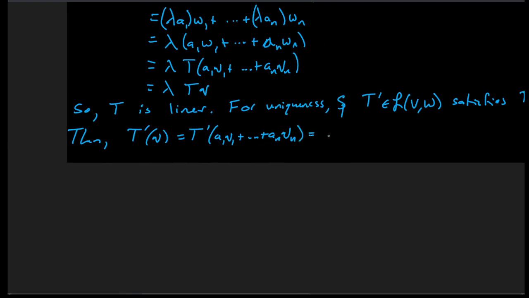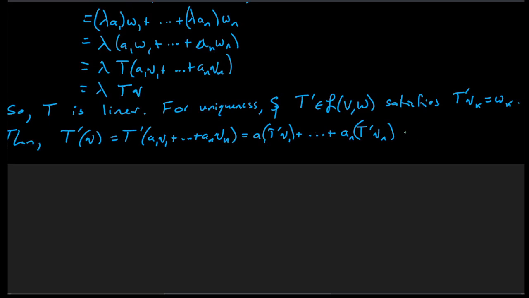And then by linearity, this just turns into A1 T prime of V1 plus all the way down to AN T prime of Vn. Maybe this is more clear if I put some parentheses, but I'm just splitting up across the sum, and pulling out scalars, which I can do by linearity. Okay, cool.